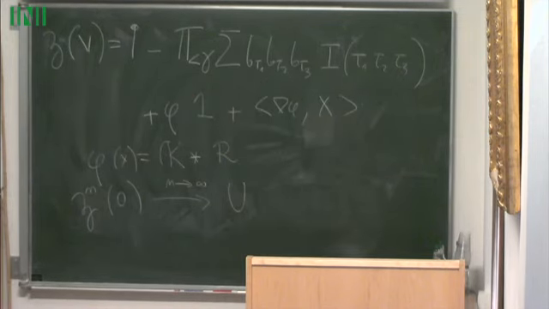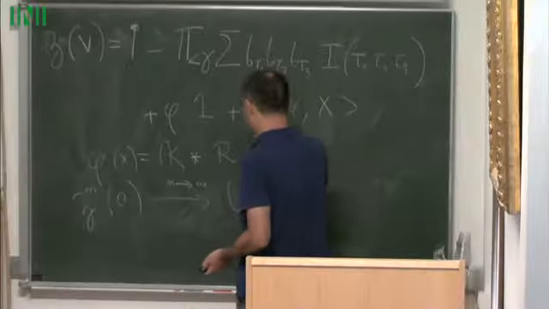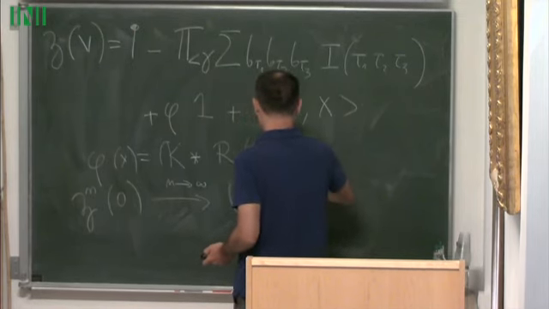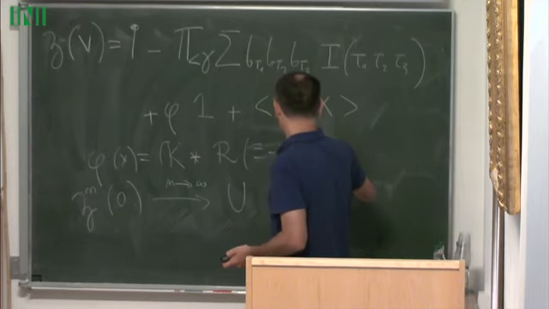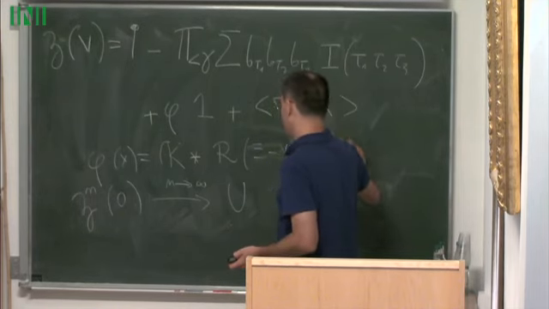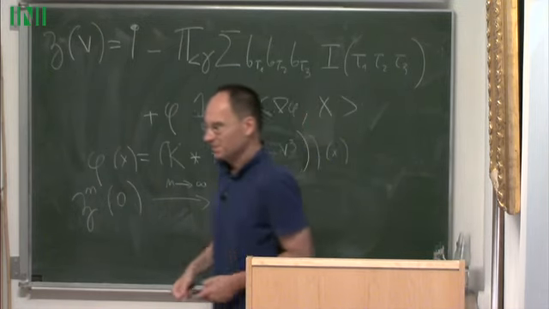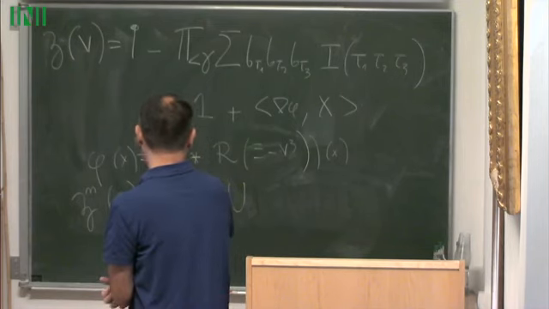You are integrating psi minus v cubed. So this is already nonlinear at this level. Sorry, that was wrong. So this is more correct.